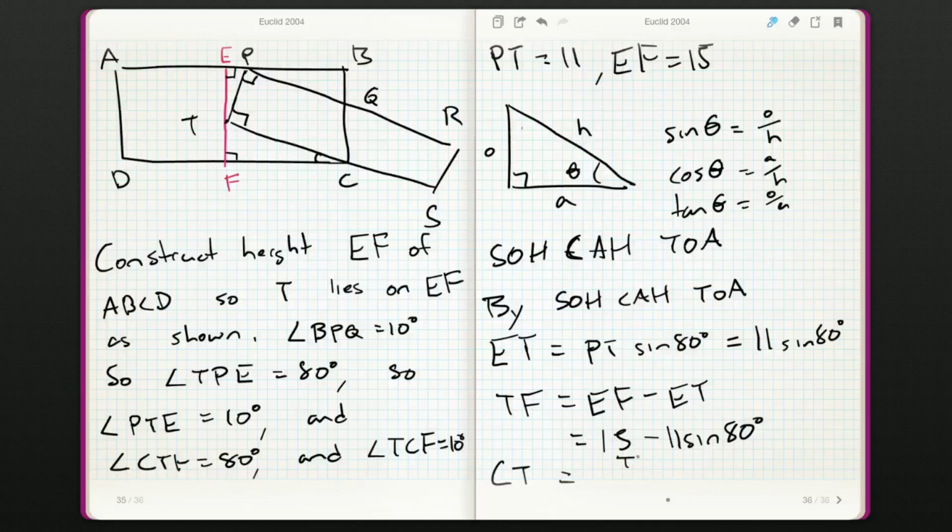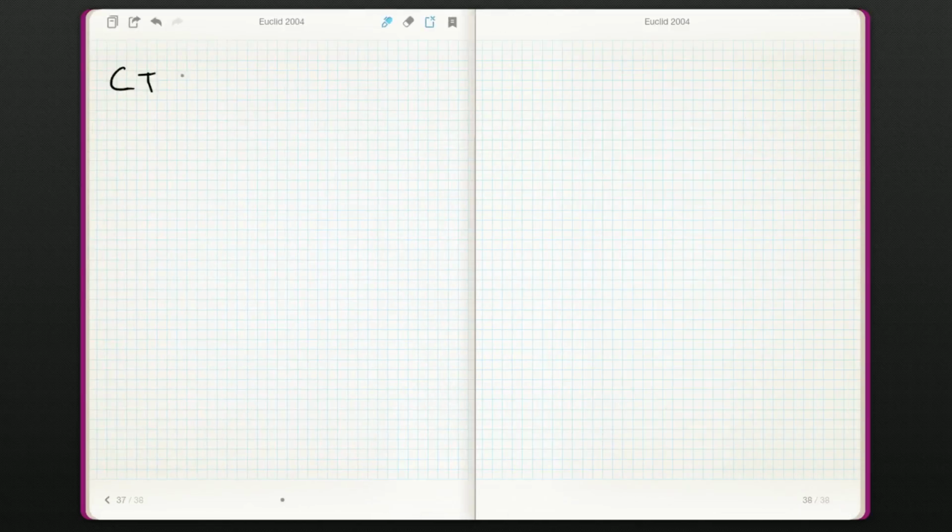So this is TF over sine 10 degrees. We're going to flip this over to the other side. So CT is 15 minus 11 sine 80 over sine 10. C is the midpoint.